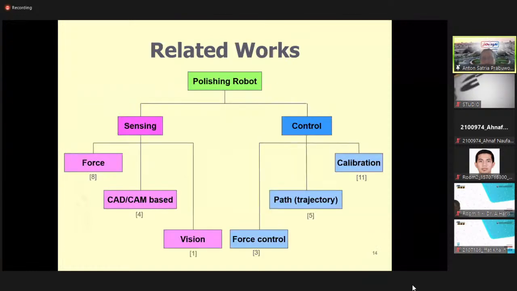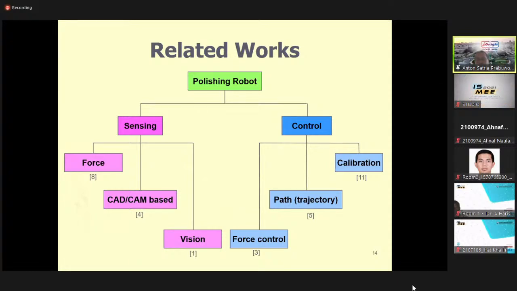So these are some related works already done by the researchers. We divide it into two parts. The first part is the sensing part, because it is related to this sense, when the robot identifies or determines the force and the time duration of the process.